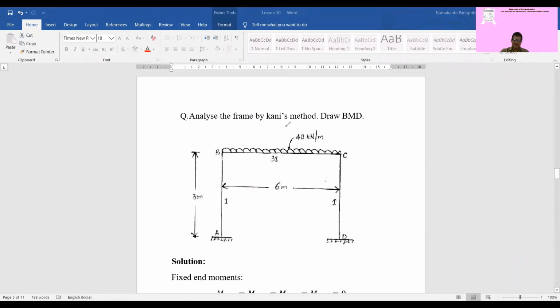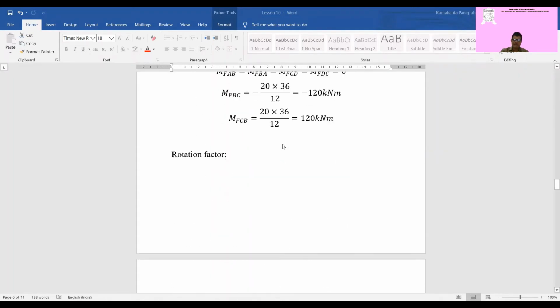It is symmetrical about this. So I can take half of the section and put the symmetry axis passing through. You can take advantage of this and calculate this value. Let us see how this problem can be solved this way.